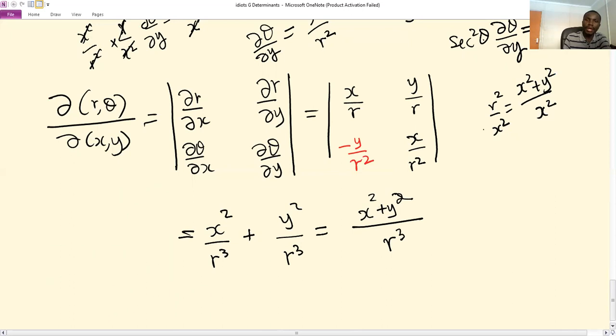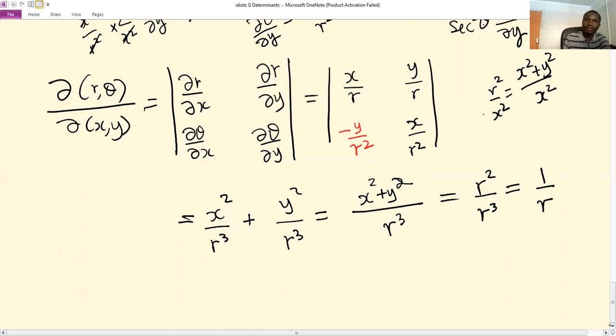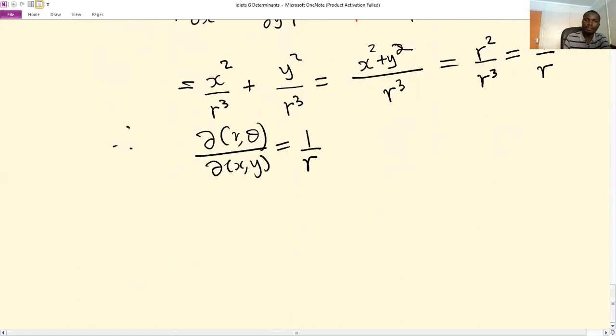But from definition, x squared plus y squared is r squared. So over r power 3, this gives us 1 over r.